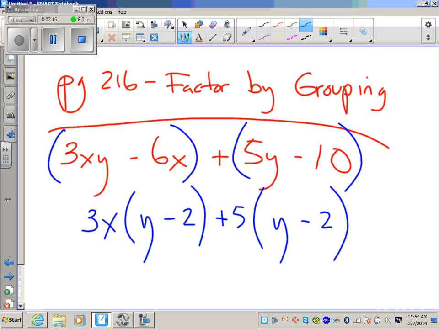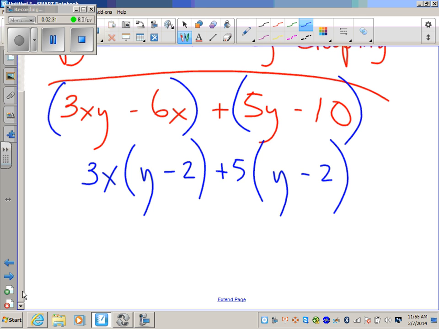Anything that you see that repeats itself, the y minus 2. So what we then have is one of the sets of parentheses that we need. So what we have is y minus 2, and then we'll take this 3x and this positive 5.